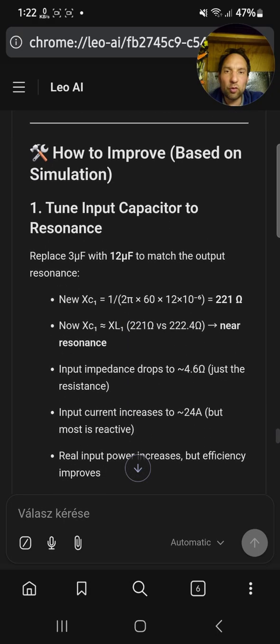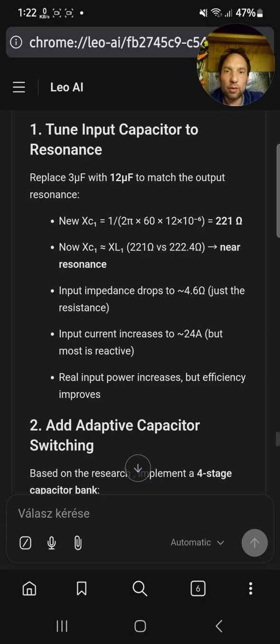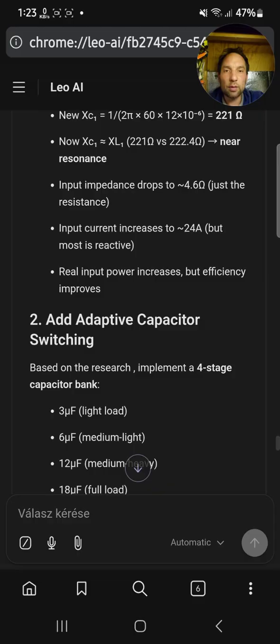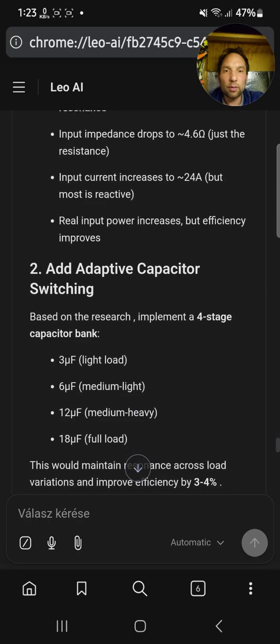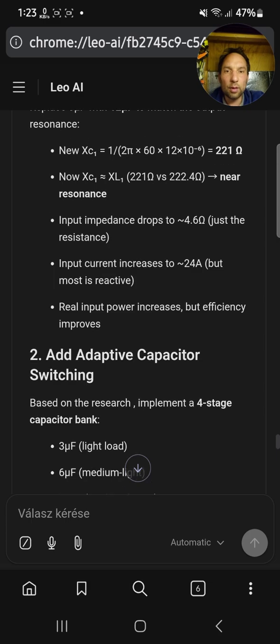Okay, how to improve based on simulation. Tune input capacitor to resonance. Replace 3 microfarad with 12 microfarads to match the output resonance. Input impedance drops to 4 or 6 ohm, just the resistance.